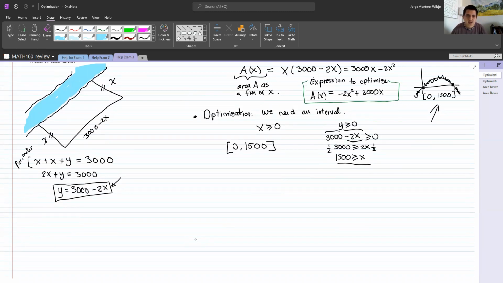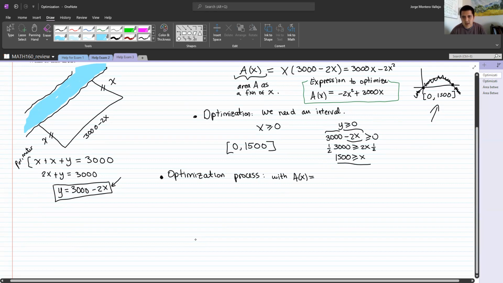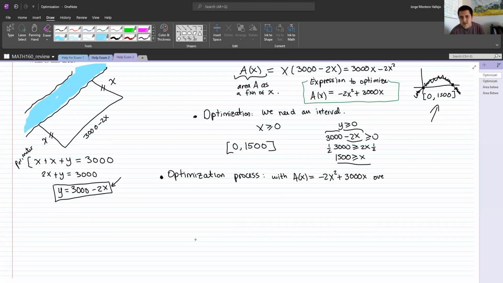So first, now we are doing optimization. Optimization process with area function minus 2x squared plus 3000x over the interval from 0 to 1500.